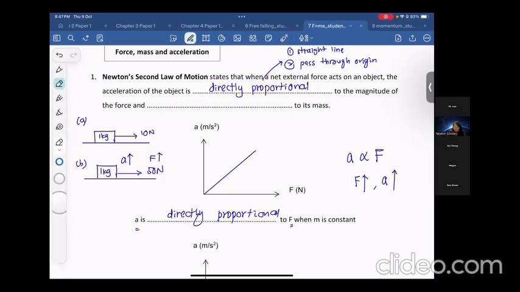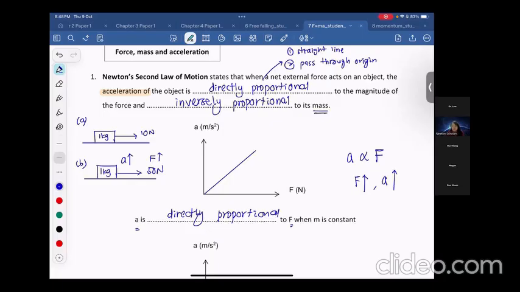Okay, so look here. Acceleration is directly proportional to the force, and it will be inversely proportional to the mass. We write down here: inversely proportional to the mass. What does it mean?